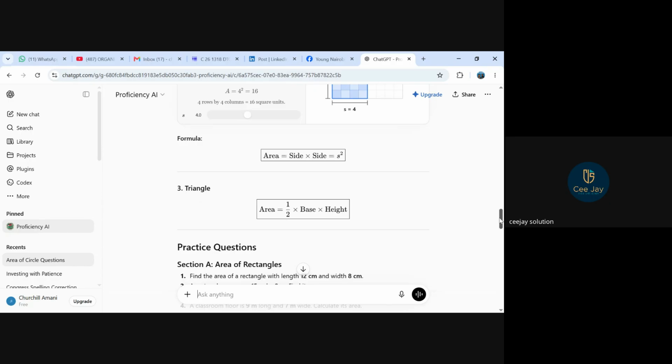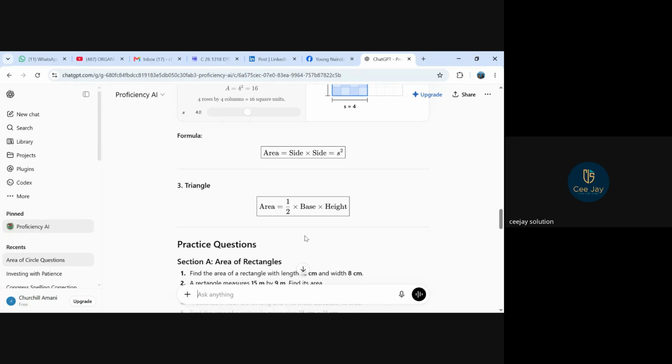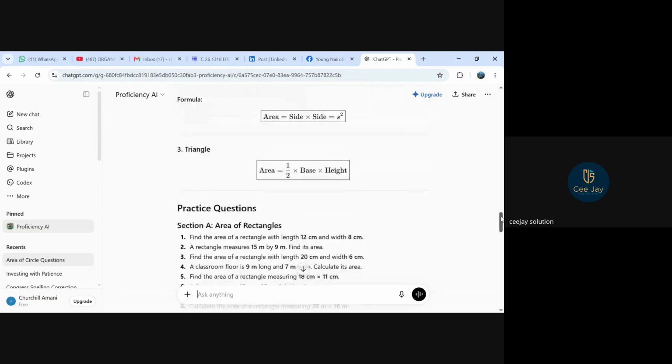The area of a triangle is half base times height. If we are given base to be 4 centimeter, height to be 6 centimeters, so we take half times 4 times 6. So we'll be able to get our answer to be 12 centimeters squared.